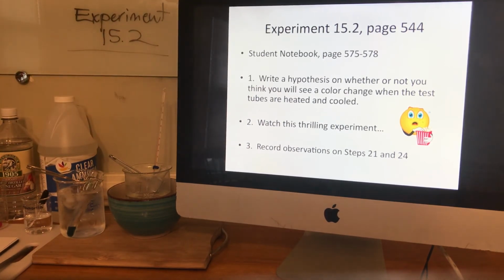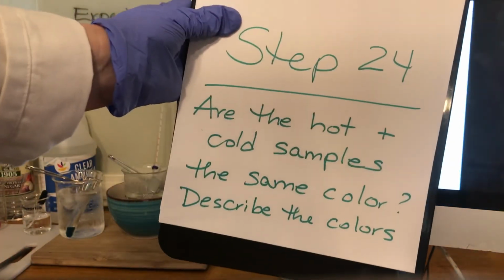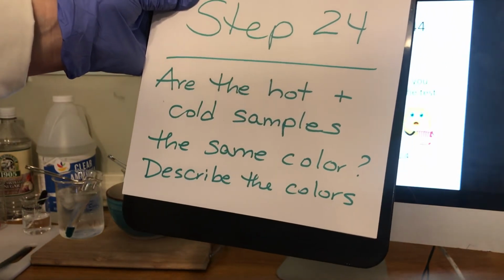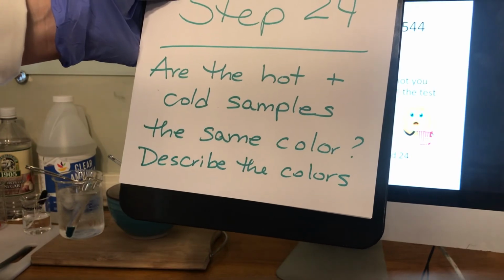So I am keeping track on my clock, and after the 30 seconds, we'll be looking again at the 2 samples, and then you will have to fill in this next step, 24, and you're going to put in those observations: are the hot and cold samples the same color, and describe each color.